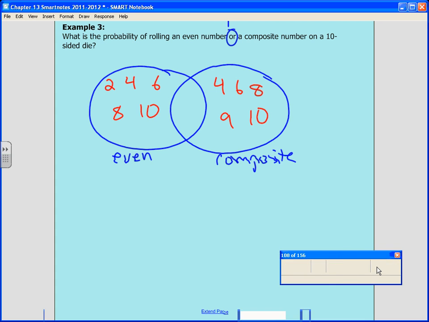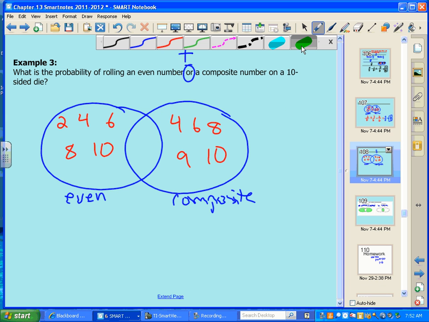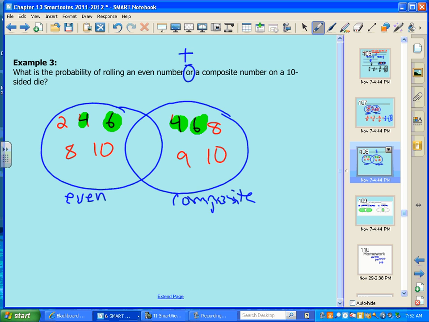Okay, what can I highlight because they have something in common? Annalise, what can we highlight? Good, so 4, 6, 8, and 10. So you guys can circle them, highlight them, whatever you prefer. Once you figure out what they have in common, list them in the middle. Okay, so we know that their overlap is 4 numbers. They have 4 things in common.